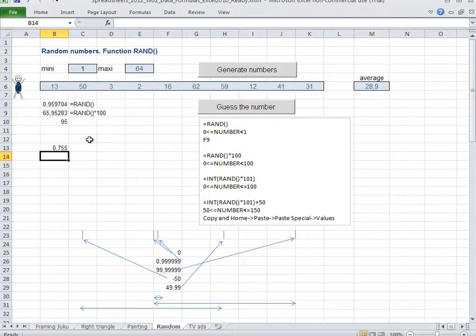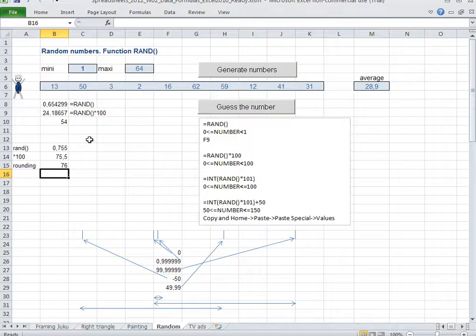If we do it times 100, it's going to be 75,5. So this is RAND, this is times 100, and now let's say that we want to round it. 75,5, when you round it, is going to be 76.